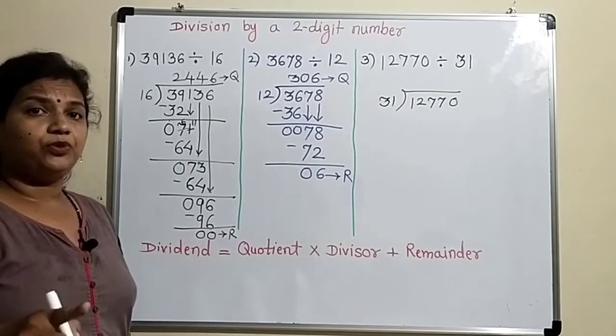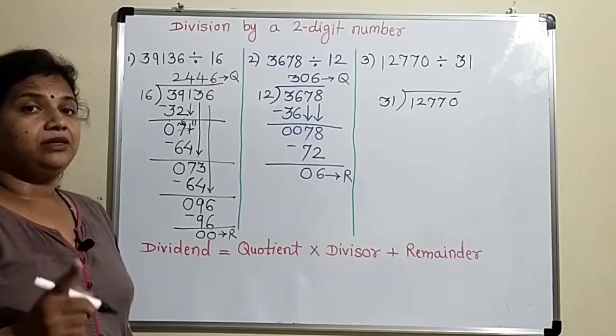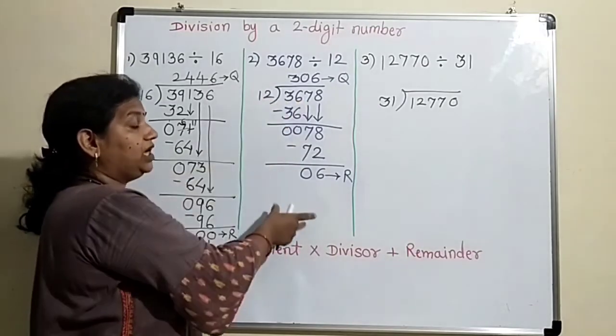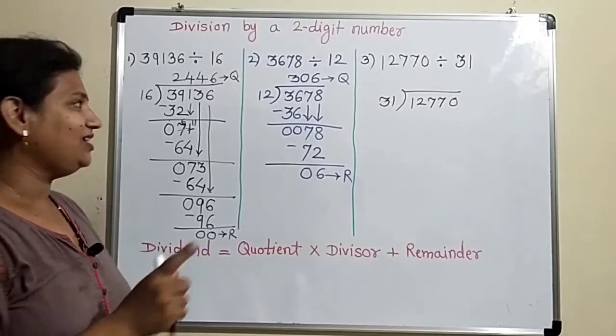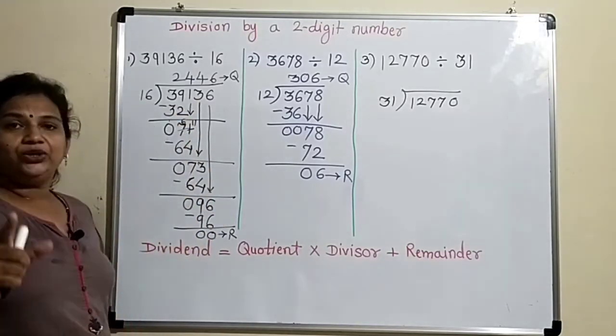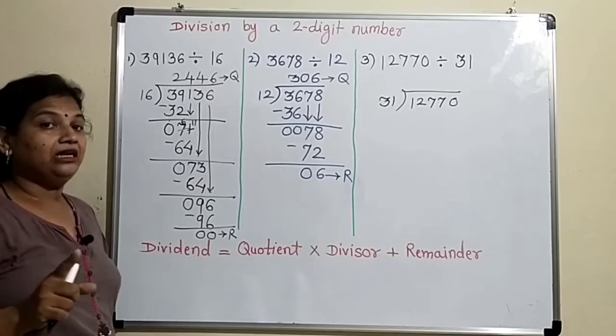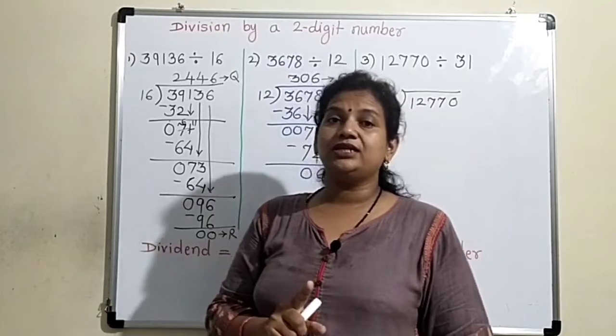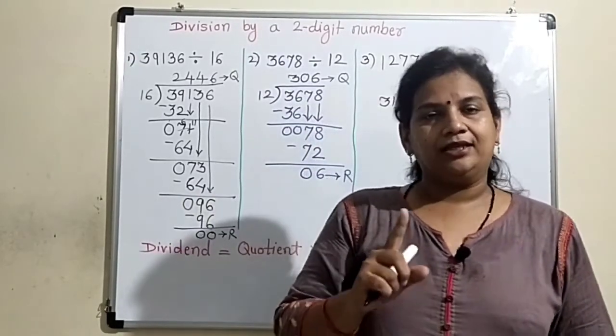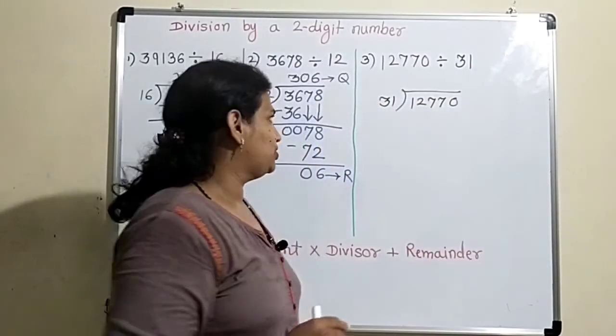Again repeat the same procedure. Always remember, when we know the table, it takes less time for calculation, and when we do not know the table, it will take more time. So I suggest to all students, learn the tables for quick calculations.